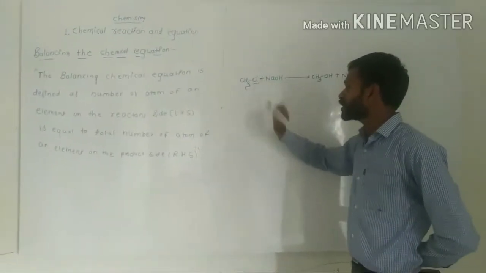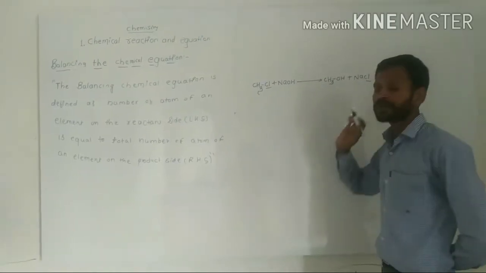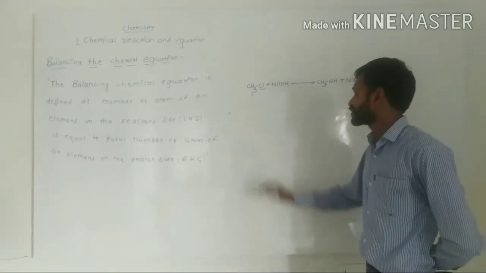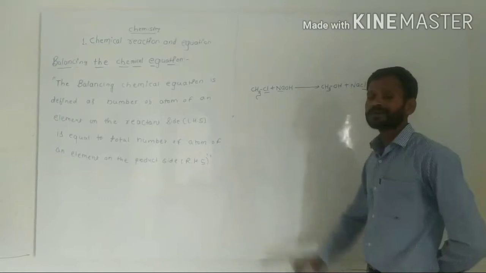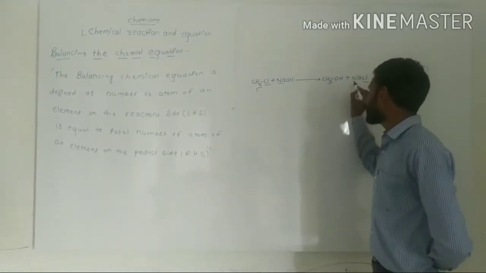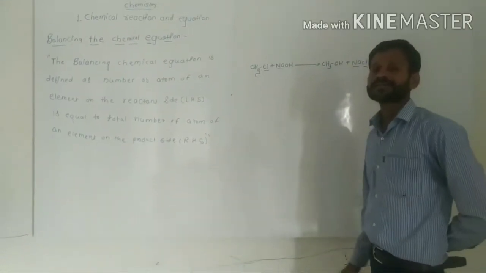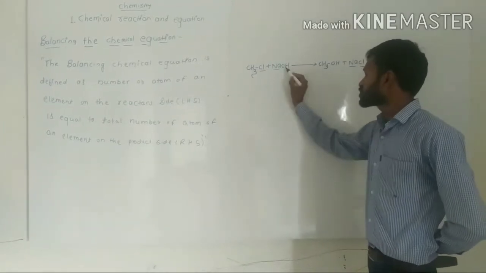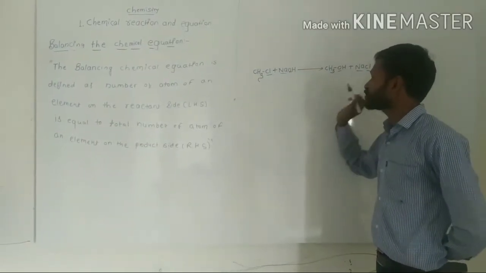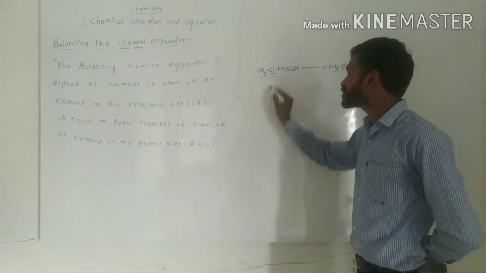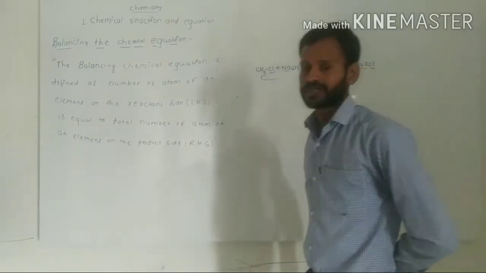Chlorine is 1 here and again 1 here, so chlorine is balanced. Sodium is 1 here and again 1 on the product side, balanced. Oxygen is 1 here and 1 here, balanced. So it is a balanced chemical equation.